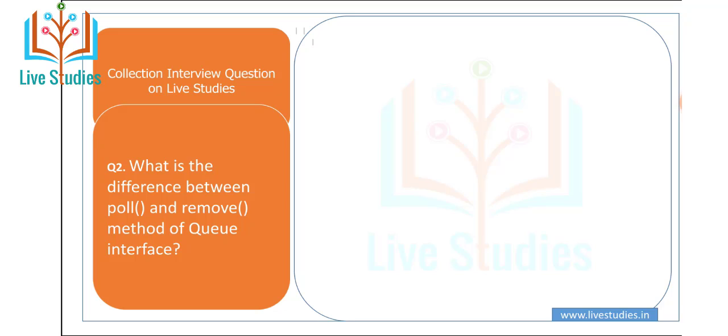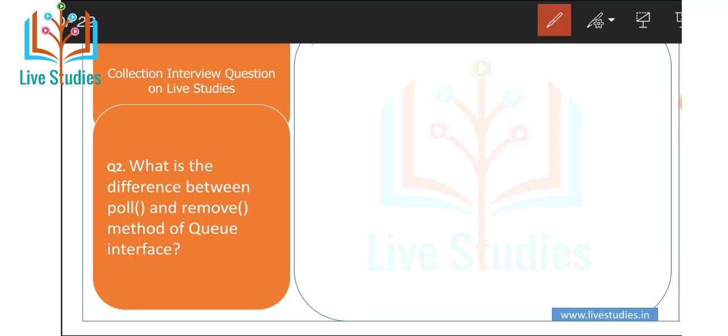If the queue is empty, then a call to the remove method will throw an exception, while a call to the poll method will return a null value.